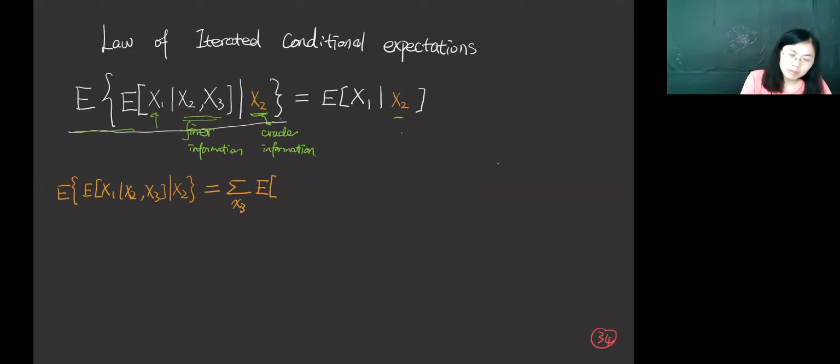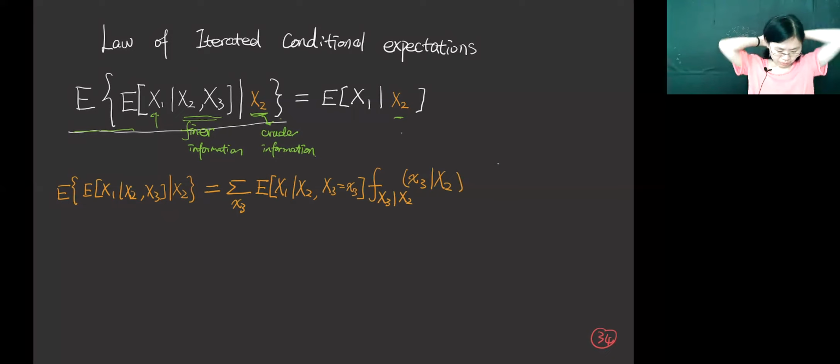We are summing over all the possible realizations of the random variable x3, with the weight given by the distribution of x3 conditional on x2, evaluated at little x3 conditional on the random variable x2, because we are not specifying which realization x2 is equal to.